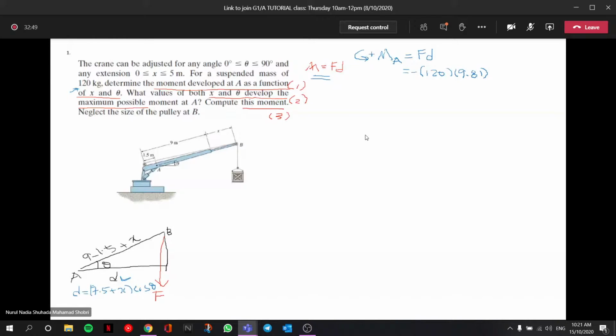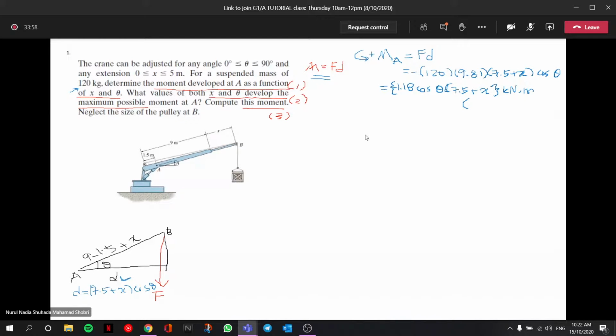So you just plug in the value into here, and then you guys simplify the value, which will give us the answer. Sorry, it should be negative at the front here. Okay. So this is the answer actually.